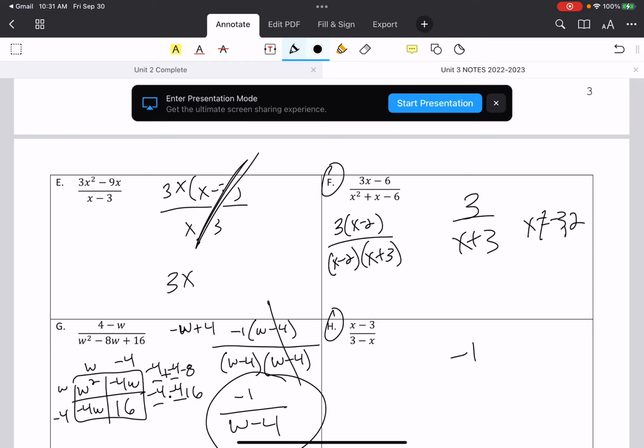So excluded values make the denominator 0 anywhere in the process. Does that make sense? You with me? So do I look for excluded values before I reduce or after I reduce? Before. Very good. Before.